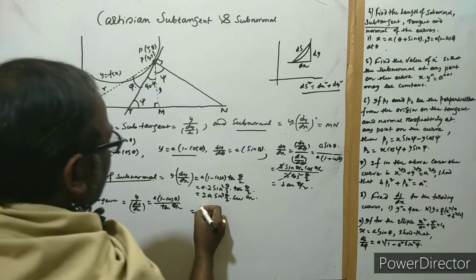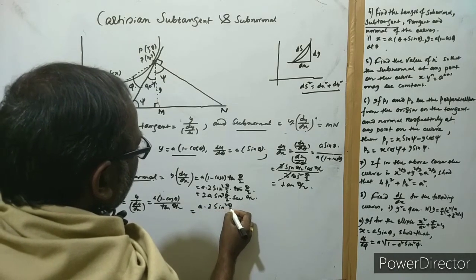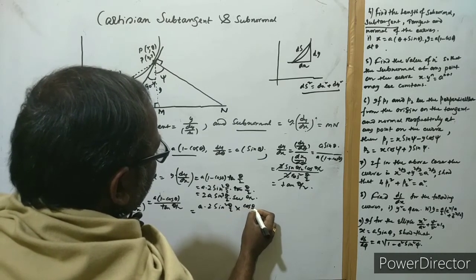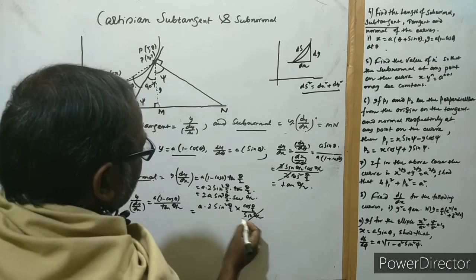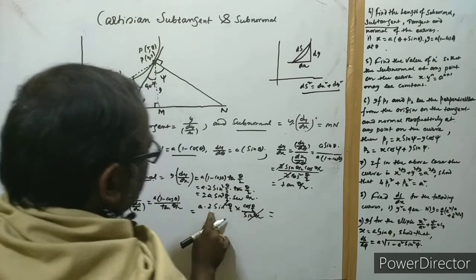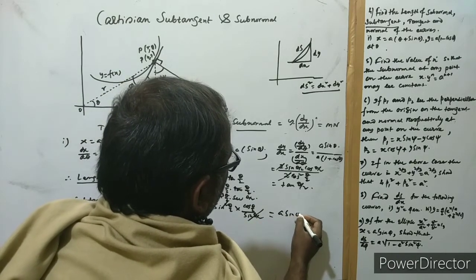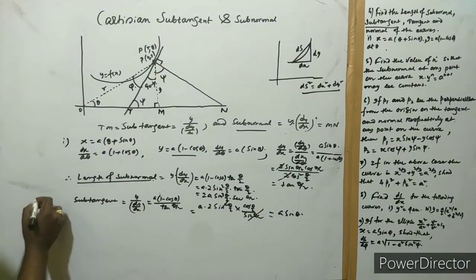And this is a into 2 sin square theta by 2 into cos theta by 2 by sin theta by 2. So 2 sin theta by 2 cos theta by 2 is sin theta, and this is the length of subtangent.